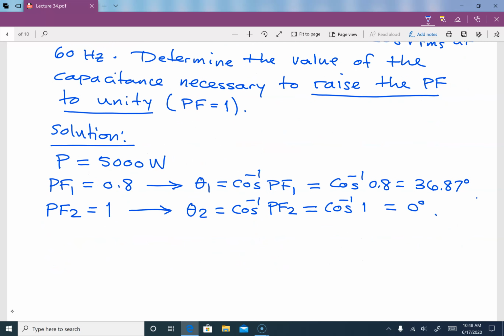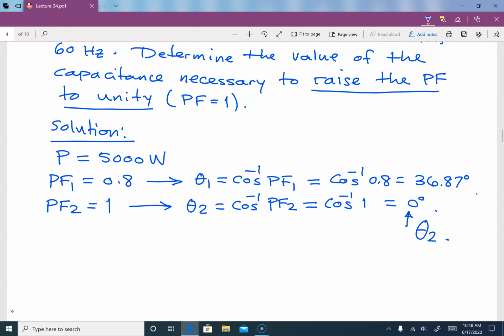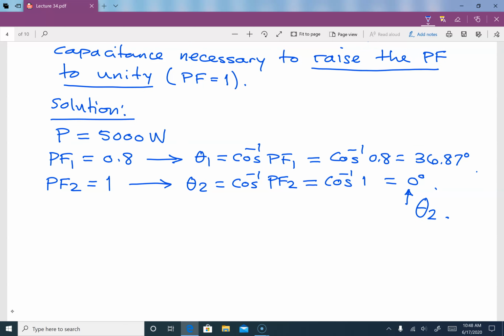That means this over here is our theta 2, right? The desired one. So now our omega is equal to 2 pi f, and the frequency is given as 60 hertz, and that will be 377 radians per second.